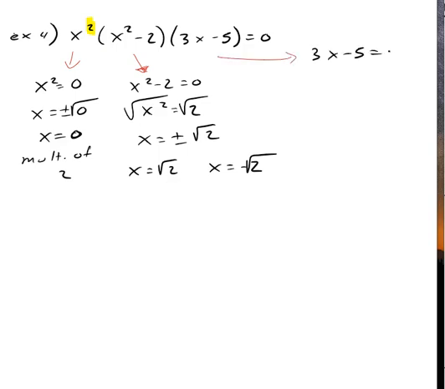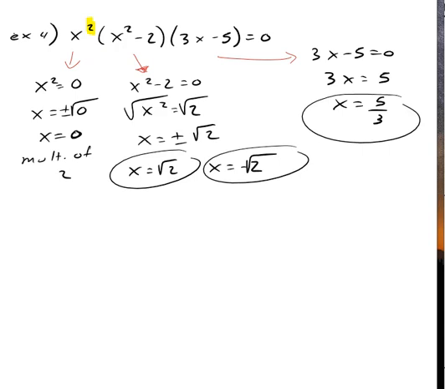3x minus 5 equals 0. Add the 5. Divide. So you have 1, 2, 3, 4, and 5 solutions. And we can see we had 2, 3, 4, 5. We would have had a degree of 5, which also means 5 zeros. We're going to multiply these to find it in standard form.